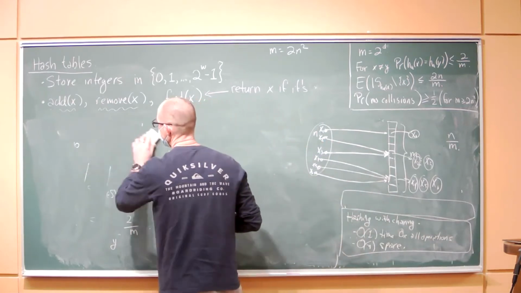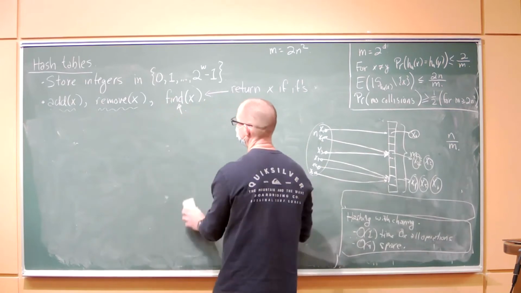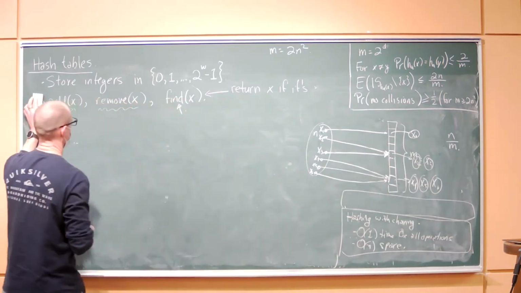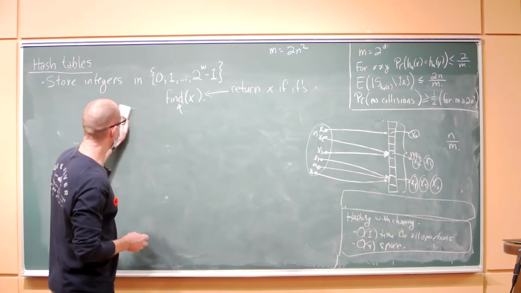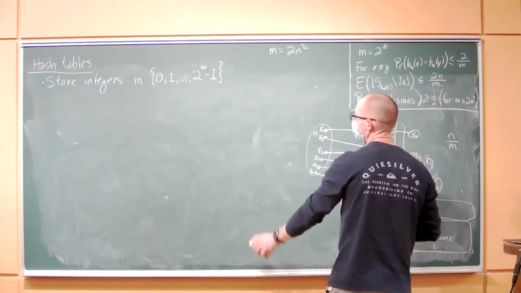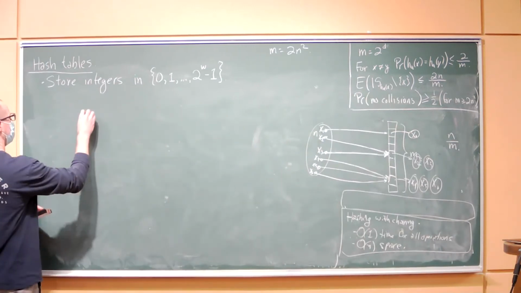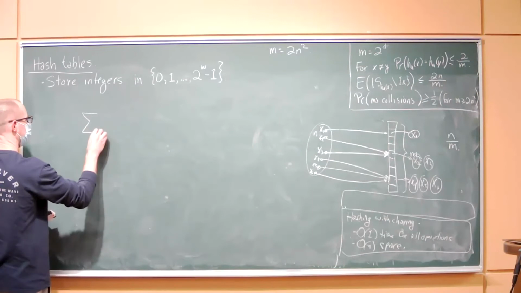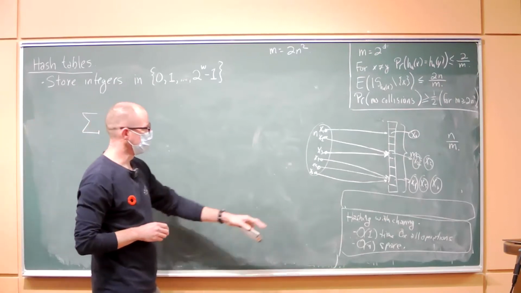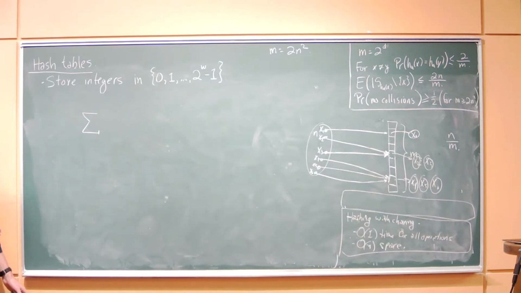So let's do something completely unexpected, unless you've seen it before. And let's look at this thing. Back to this table where the size of the table is linear size.